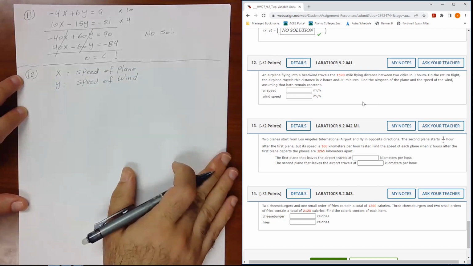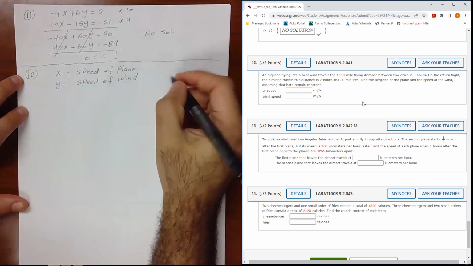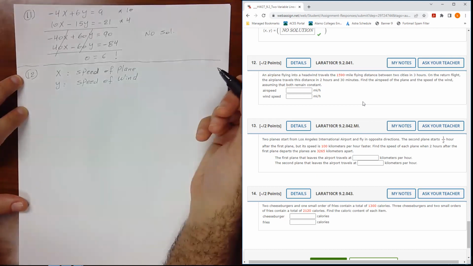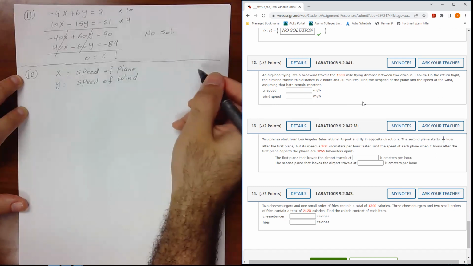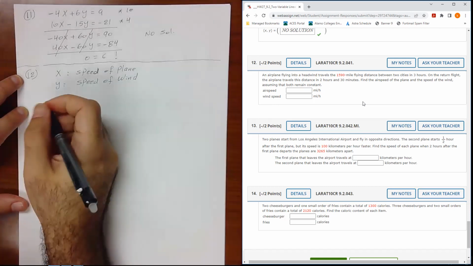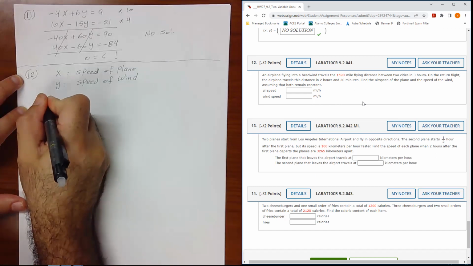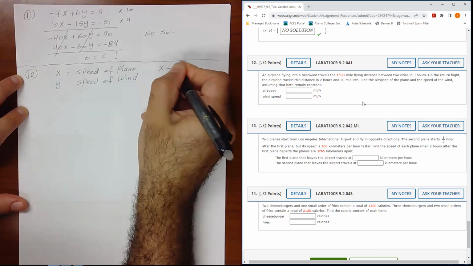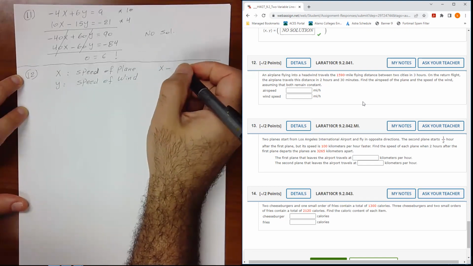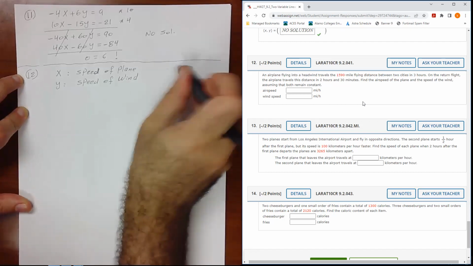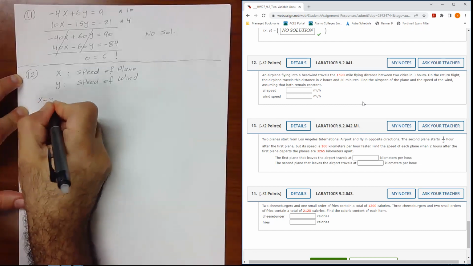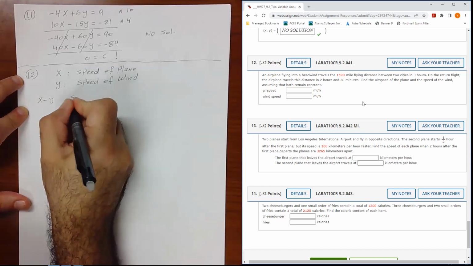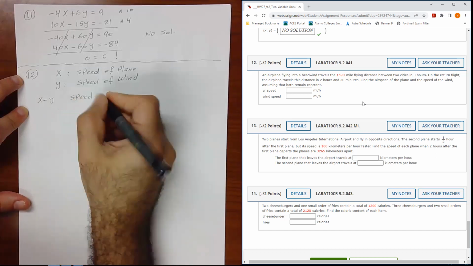So let's check now. When the plane goes with the wind or opposite the wind, because the first flight is opposite the wind in 3 hours, that means the speed is going to be x minus y. x minus y is going to be the speed without wind.